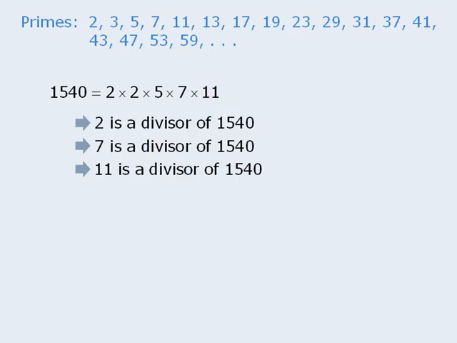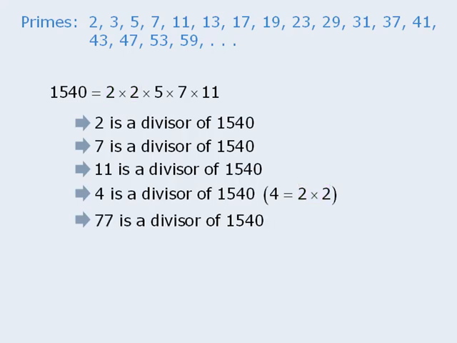Also from the prime factorization, we should see that 4 is a divisor of 1540. Now, there might not be an actual 4 in the prime factorization, but if we recognize that 4 is equal to 2 times 2, then we can see that there is a 4 hiding as 2 times 2. Similarly, we can see that 77 is a divisor of 1540.